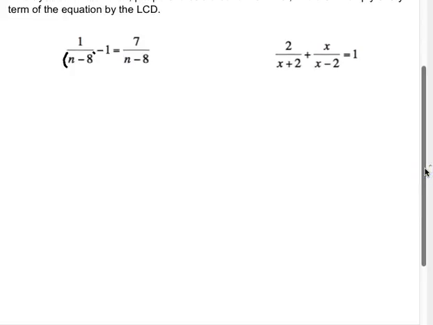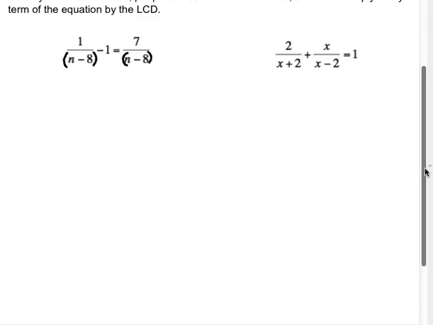Because of that, what I want you to do is put parentheses around it, just because I want to make sure that you don't end up multiplying by things that you don't want to or don't need to. So, looking at this, we have a common denominator so far of n minus 8. However, that minus 1 doesn't have it yet.